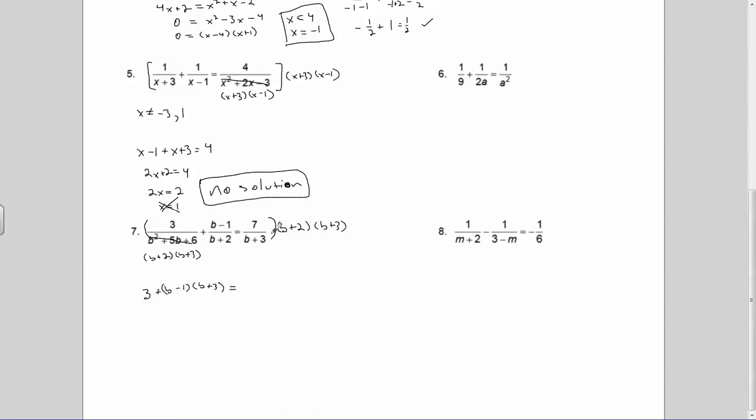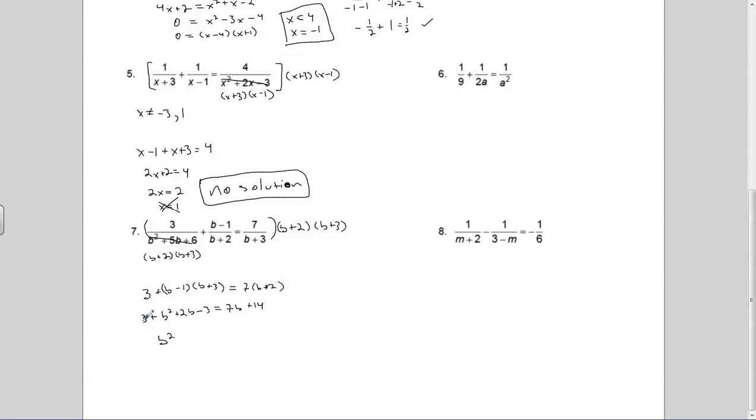And here we have our b plus 3 dividing out, so we have 7 times b plus 2. Distribute everything, so b squared plus 2b minus 3 equals 7b plus 14.